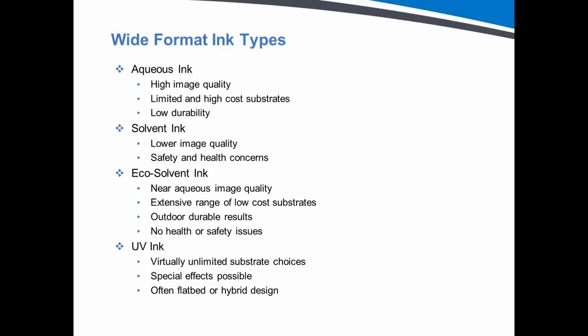This is really where Roland lives, and that's what we're going to talk about today, our eco-solvent ink printers, and we'll touch a little bit on the UV and some of the applications that you can do there, and we'll move forward from there.